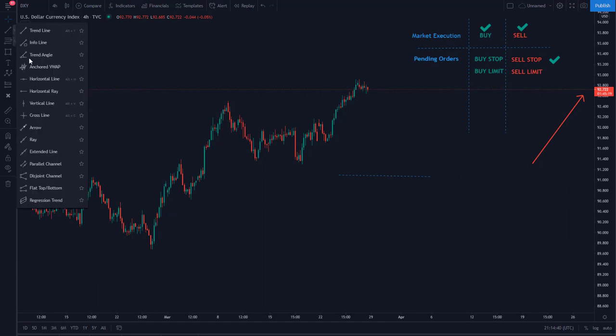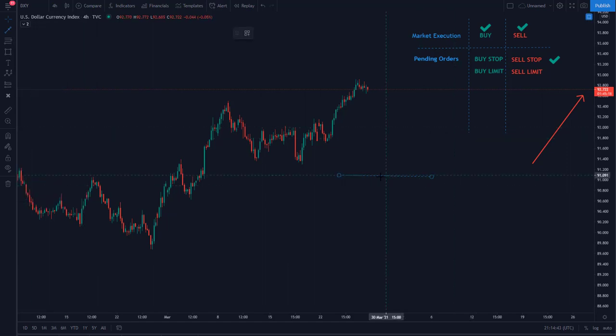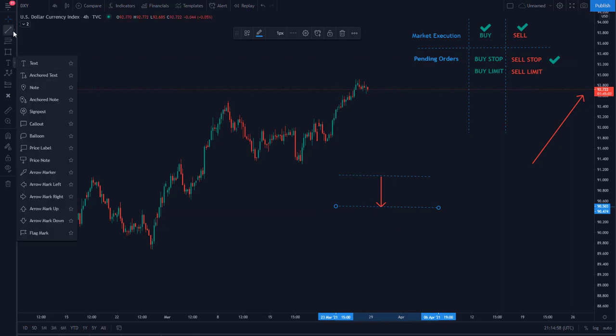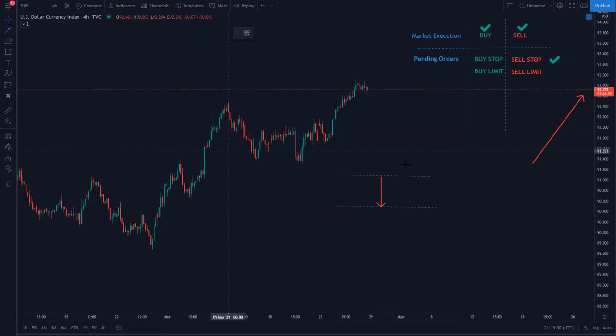Therefore, you wait for the market to come lower before you purchase. And then once it gets here and activates your order, you expect it to go back in the upside direction.